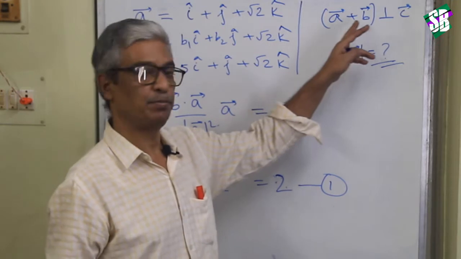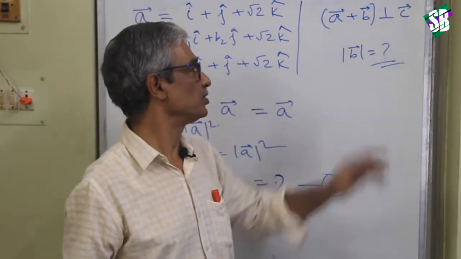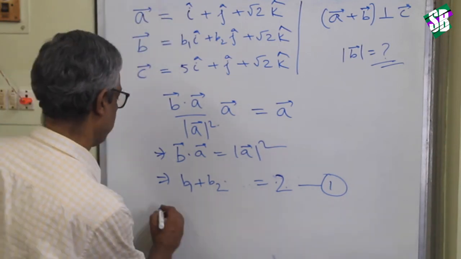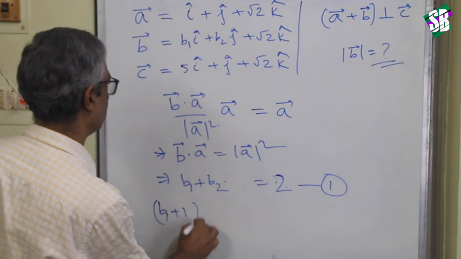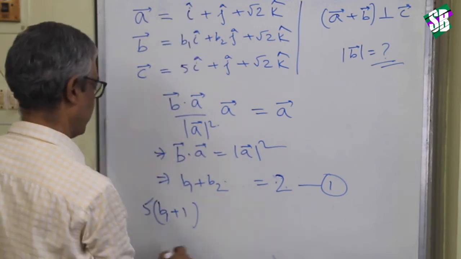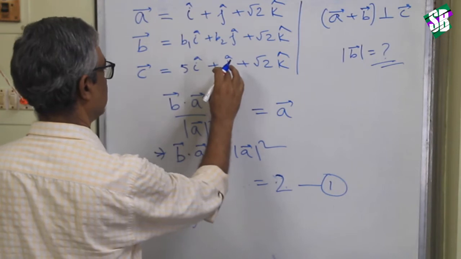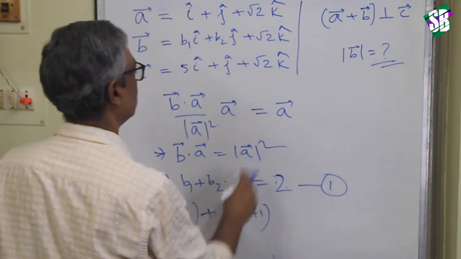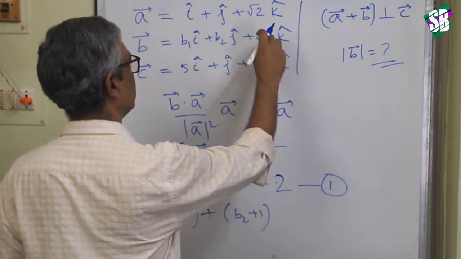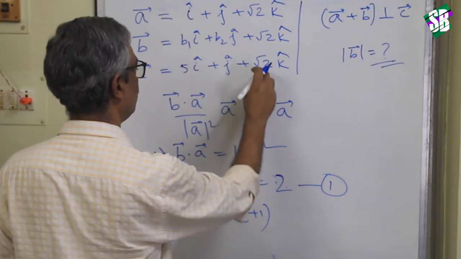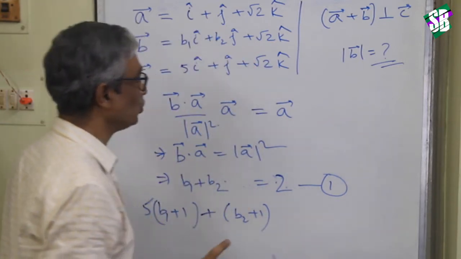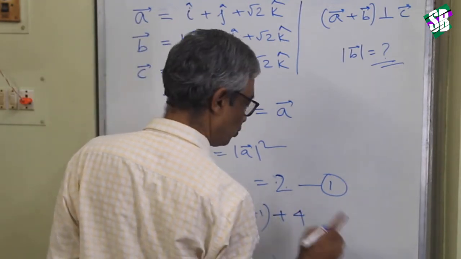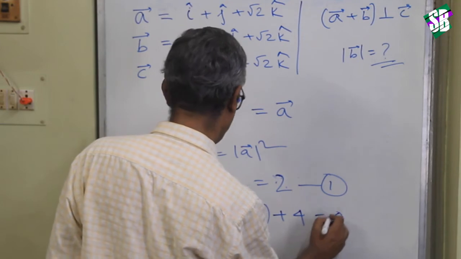Now again, A vector plus B vector is perpendicular to C vector. So this means (b1 plus 1) into 5, plus (b2 plus 1) into 1, plus 2 root 2 into root 2, which means 4, is equal to 0.